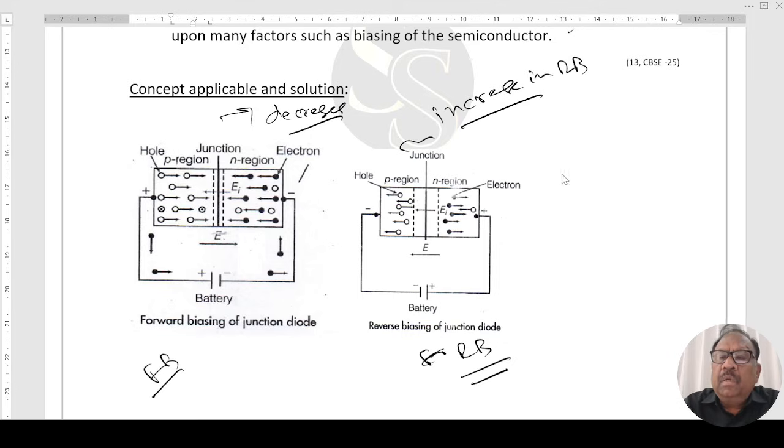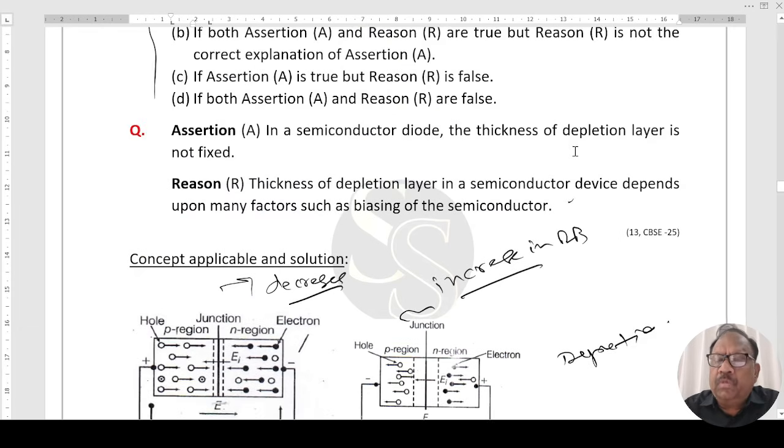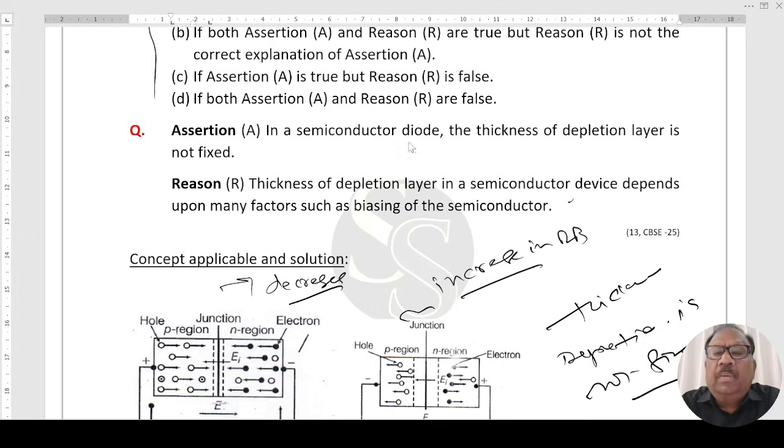That means the thickness of the depletion region is not fixed. In a semiconductor, the thickness of depletion region is not fixed. This is correct. The thickness depends on such factors. Yes, it depends on the factor.